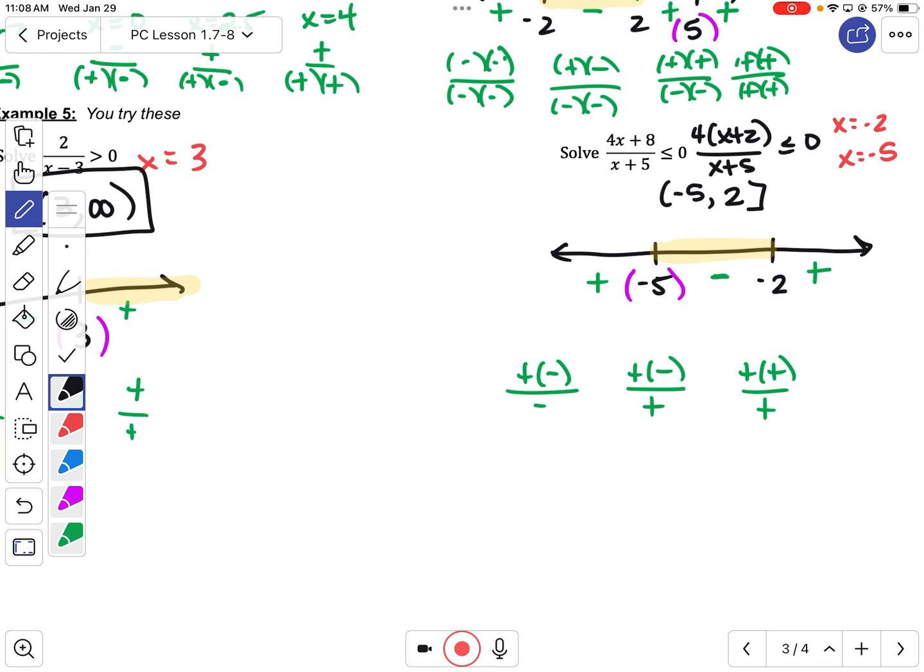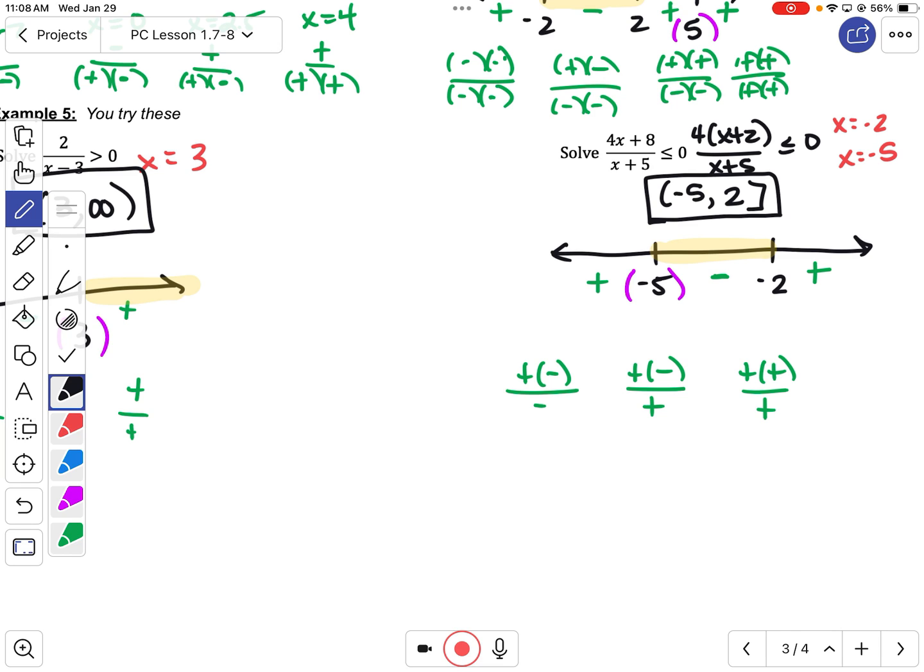Wait, how many negatives? Oh, it is positive. It's okay, so it'd be -5.